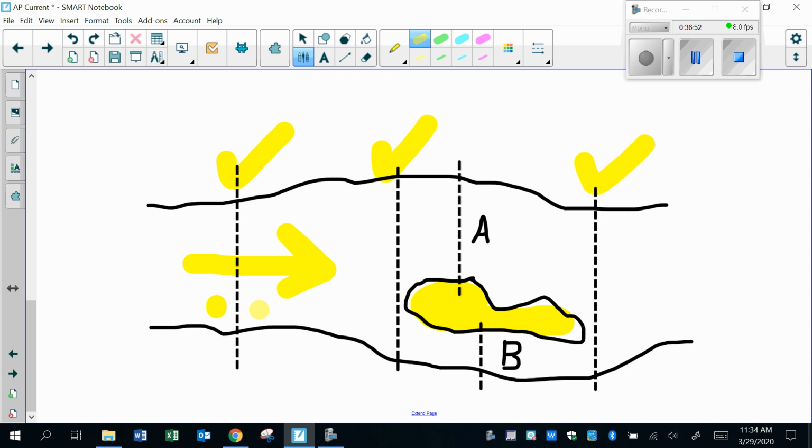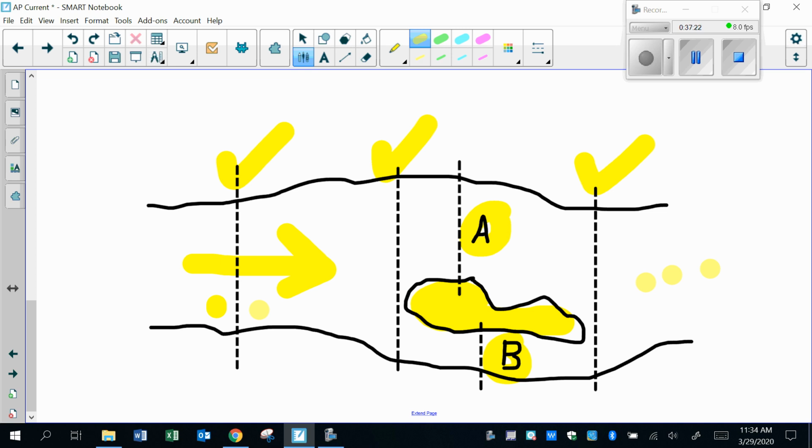So the junction rule says my current coming in, call that I1, is equal to IA plus IB. IA plus IB is equal to the current down here as it leaves this area of the island.